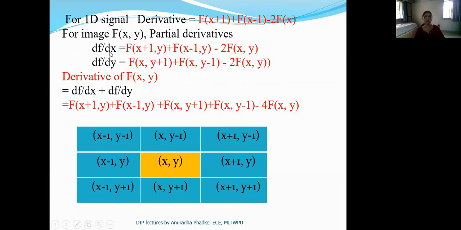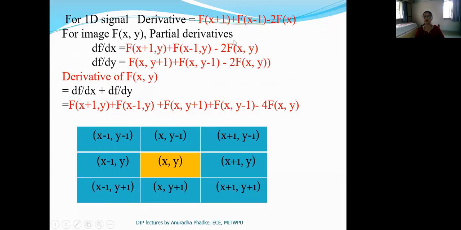The complete derivative for this neighborhood is given by addition of these two partial derivatives. So we add ∂f/∂x with ∂f/∂y.